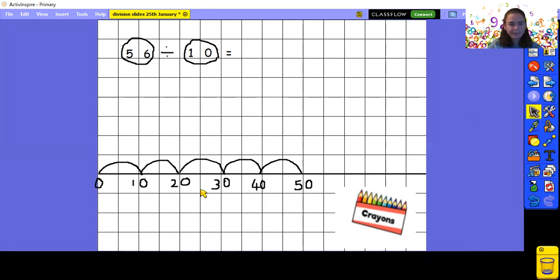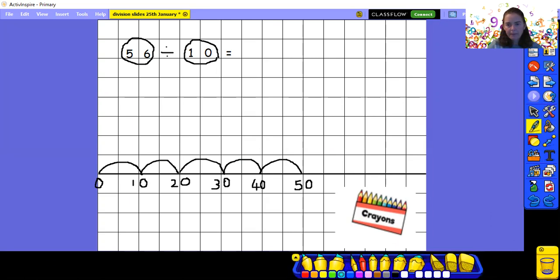Let's count them. I'll write the numbers over the top. 1 packet of 10, 2 packets of 10, 3 packets of 10, 4 packets of 10, 5 packets of 10. So we can fill 5 packets.